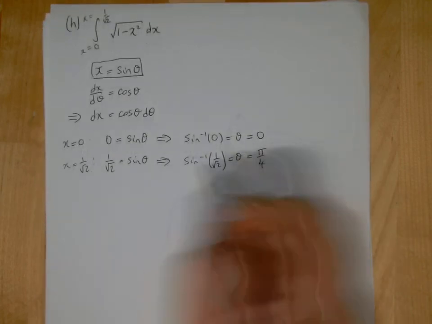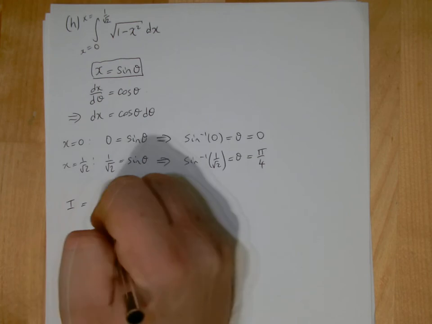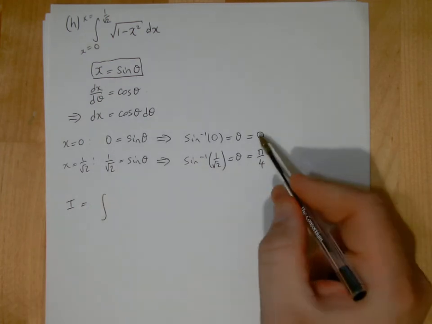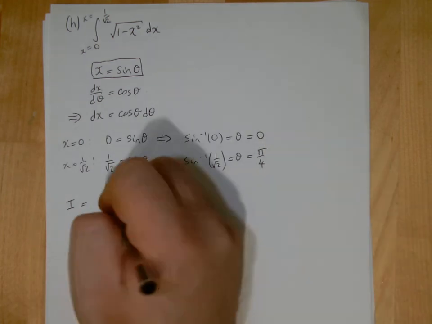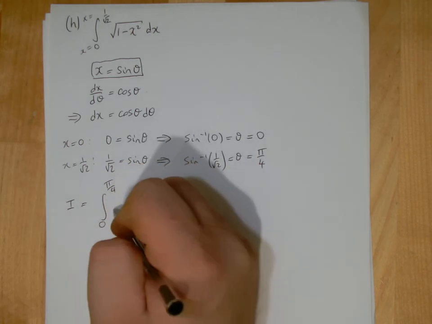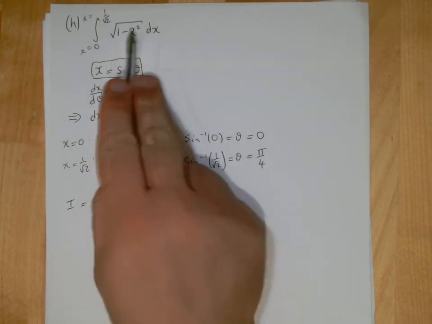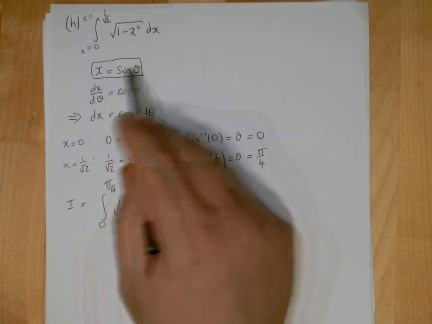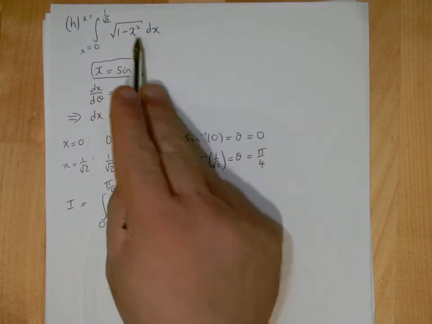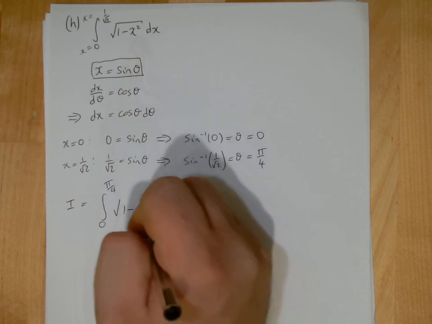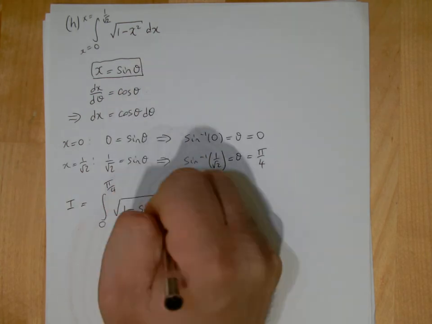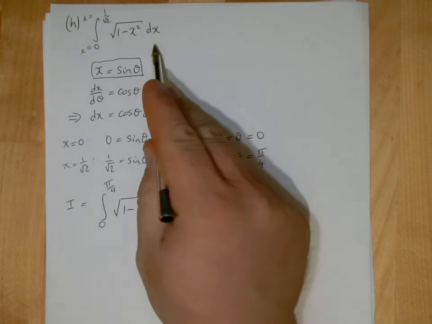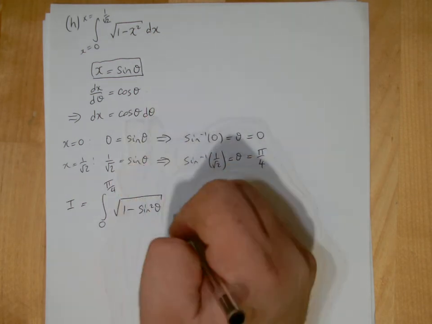So there you go, our integral becomes, with new limits of 0 and pi by 4, the root, because it's still a square root, don't forget, of 1 minus x squared, which will be sine squared theta, and then your dx will become cos theta d theta.